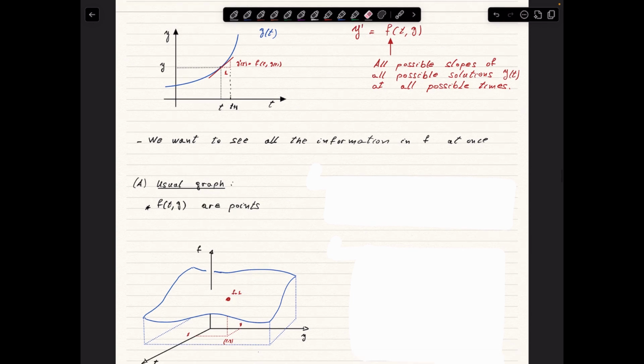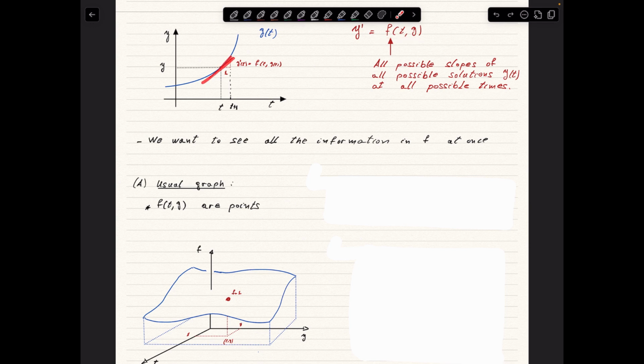But this is not very helpful because we are representing the values of this function as points in a third axis. It would be much more useful if we could represent it as slopes instead of values on a different axis. So this segment is more important for us than the value of the function as a point.